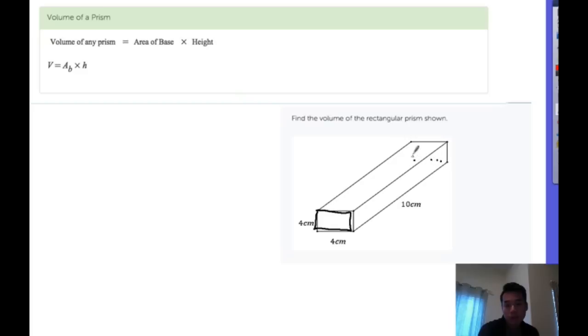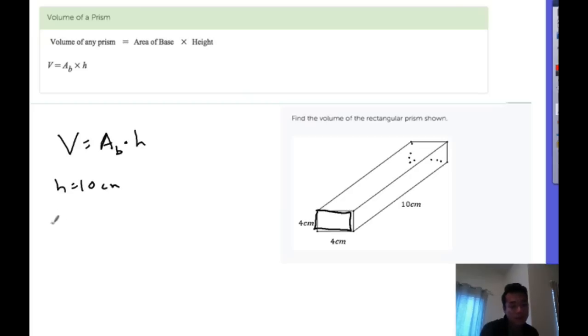I know that they are identical rectangles. So my volume says find the area of the base times how tall it is. The height will always connect the two bases, so in this case, the height is 10 centimeters because it's right here. It connects them. And then the area of my base, in this case, is a rectangle.